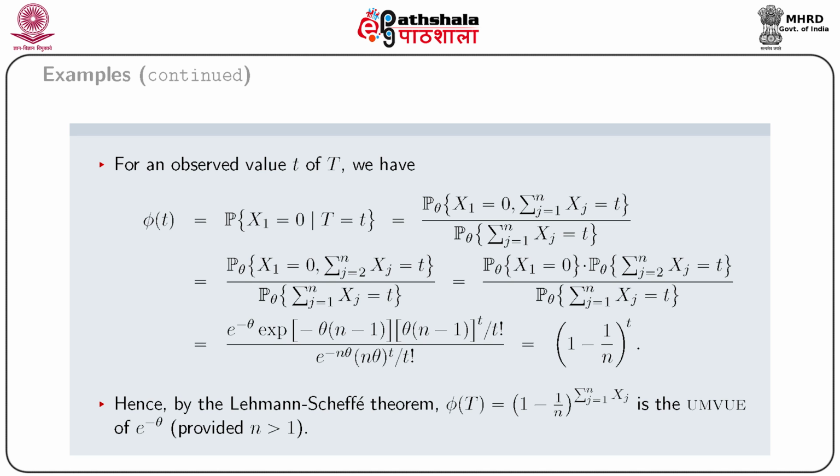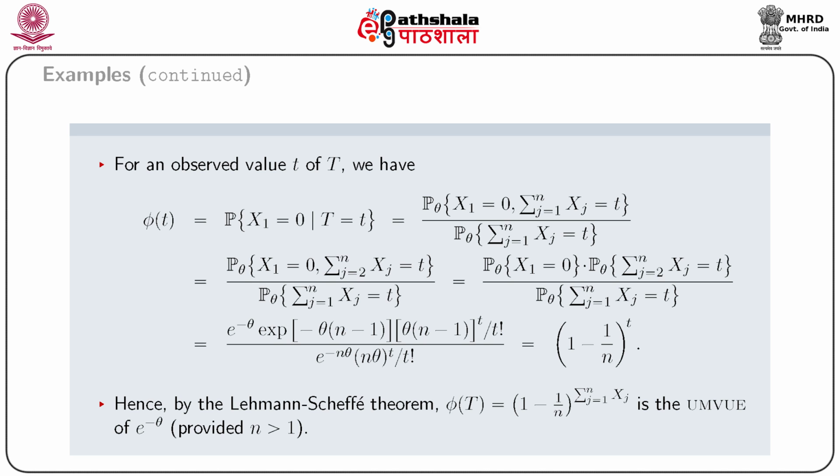Since the summation over i from 1 to n of Xi follows a Poisson distribution with parameter nθ, and the summation over i from 2 to n of Xi follows a Poisson distribution with parameter (n minus 1)θ, it follows that φ(t) equals (1 minus 1/n) to the power t.